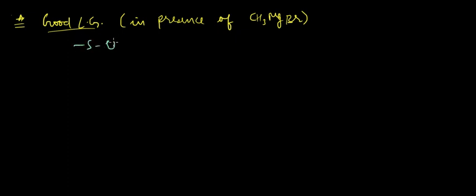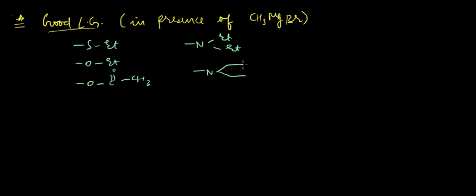Those are acetate, OEt, or COCH3, and then we have this one and this one. These all are good leaving groups. Okay, let's see some examples now.